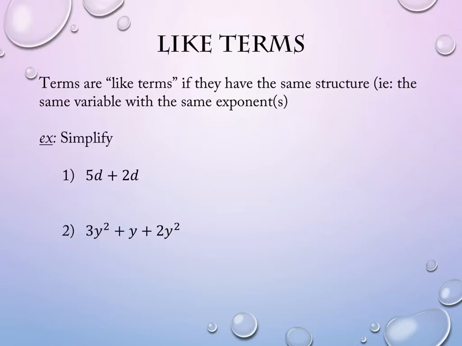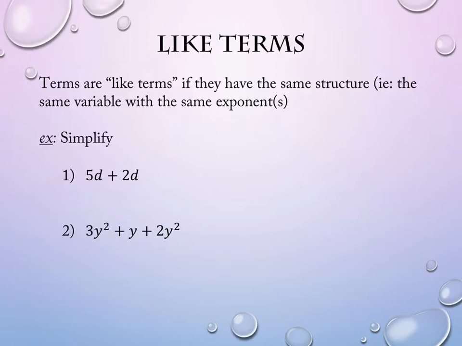Well, it would have to be the same variable, and if the variable has an exponent, the exponents would also have to be the same. They have to look alike. They don't have to look perfectly identical, but almost, at least in terms of the variable component. The variable components have to be identical for them to be like terms.